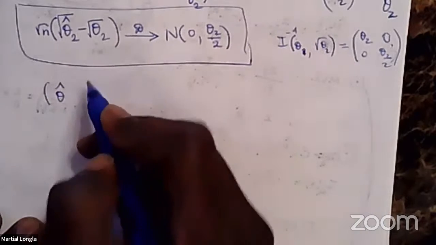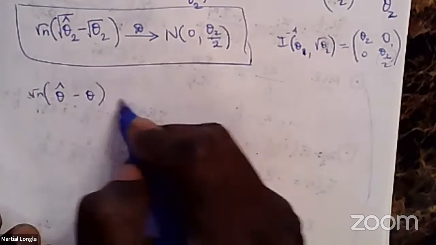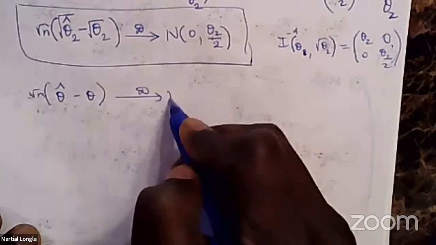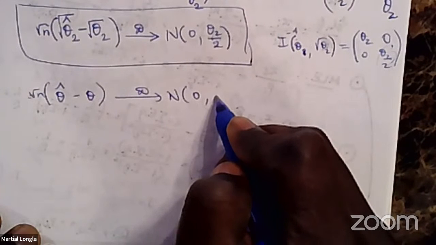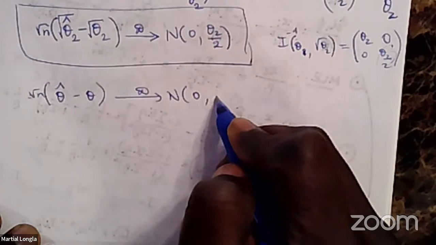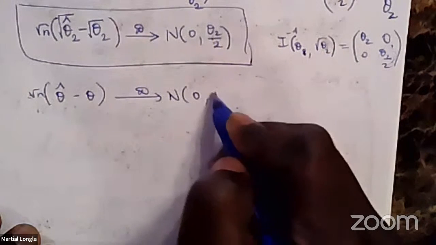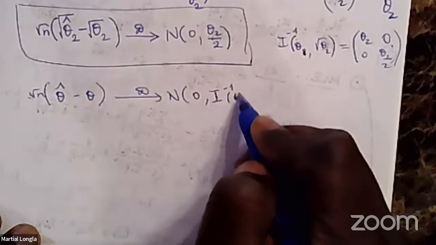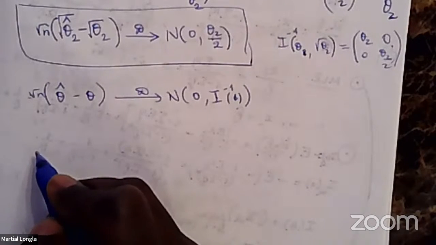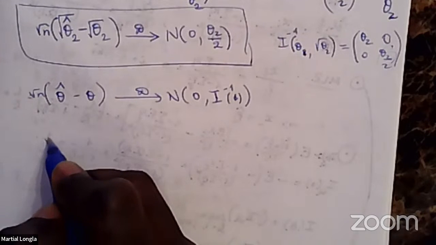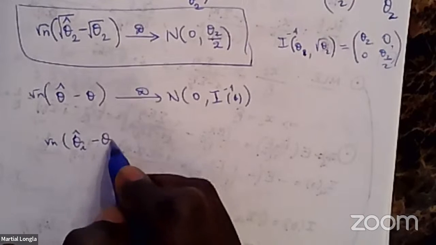Because theta hat minus theta, times root n, converges in distribution to normal 0, and then here what? What's here? The matrix inverse, I inverse of theta. Inverse.